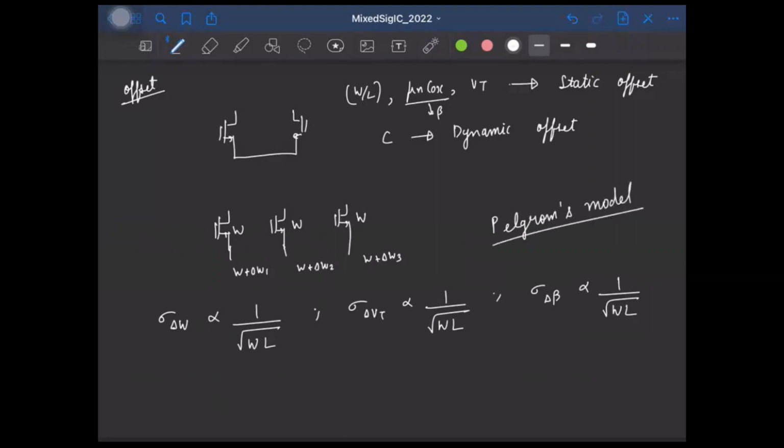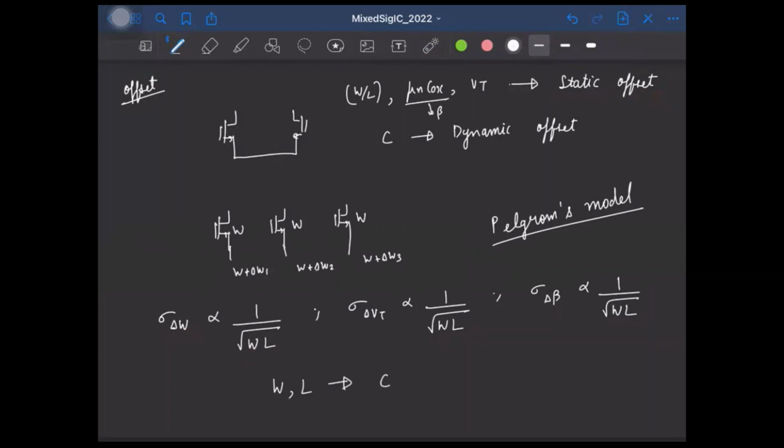Okay, so from this, it is clear that if you want to reduce the effect of mismatch, one obvious way is to increase the area of the device, right? So if we have larger and larger devices, the effect of this mismatch will reduce, and we can also reduce the offset of the latch. But obviously, the moment you increase both W and L, the capacitance will also increase, right?